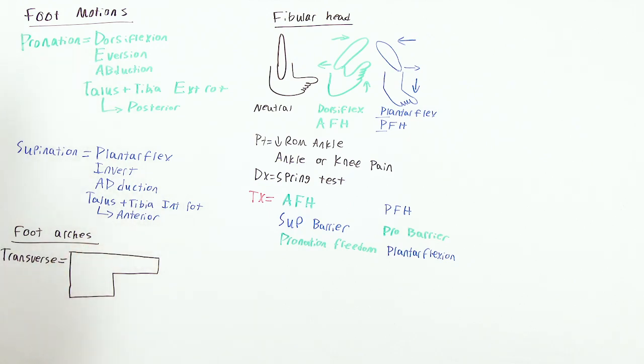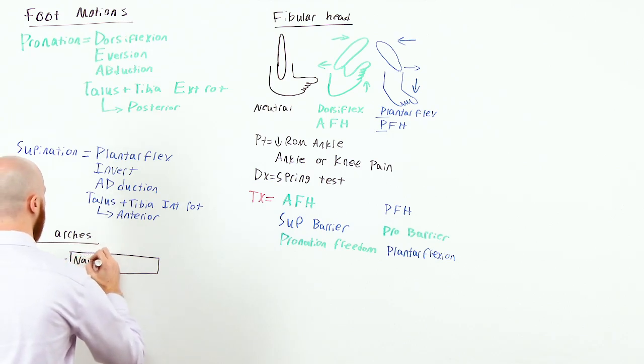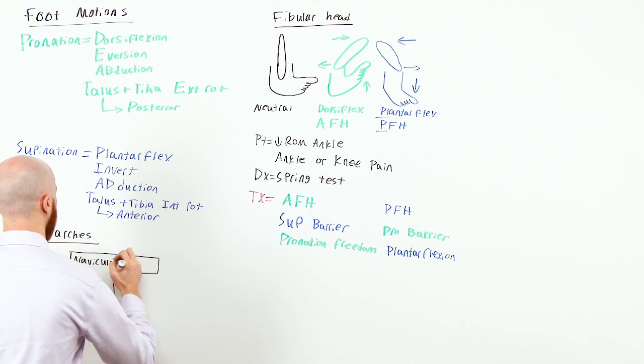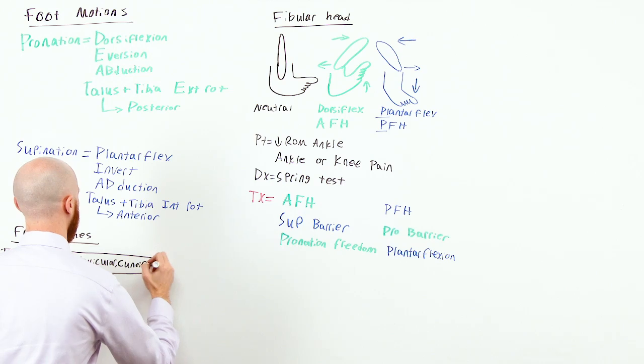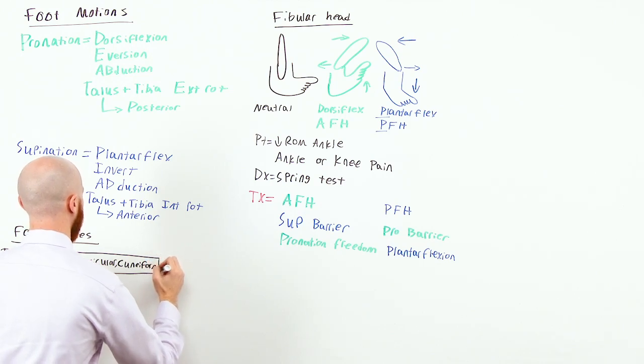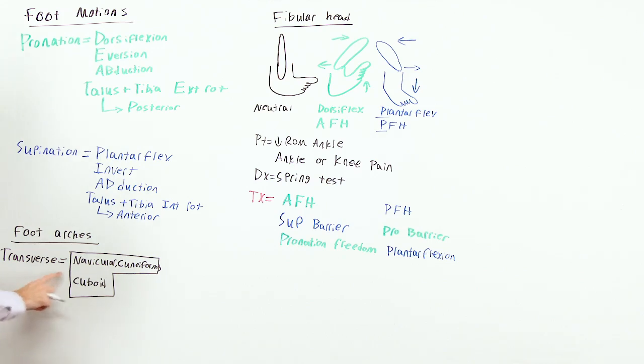So in the Tetris piece, we're going to have 3 bones: navicular, cuneiforms, and the cuboid. These 3 bones are going to make up your transverse arch.